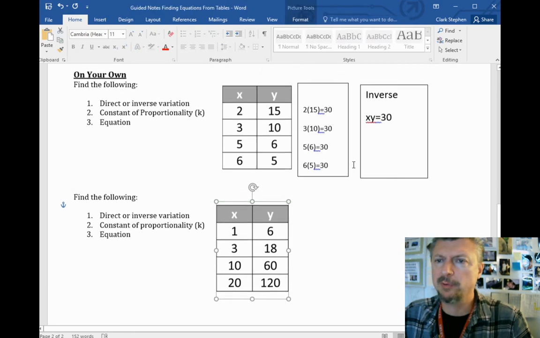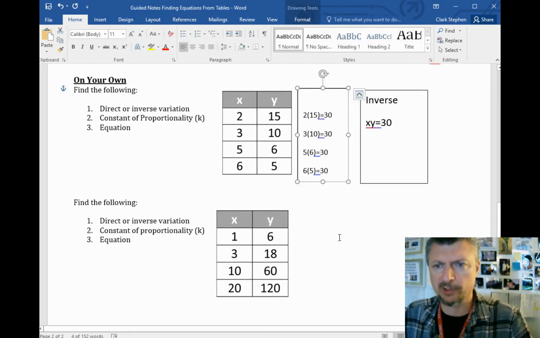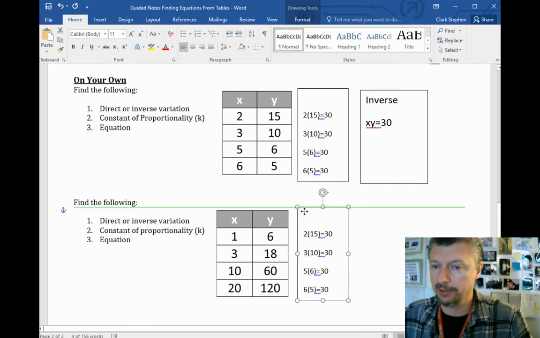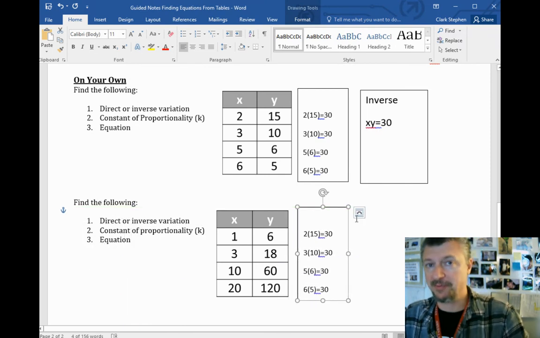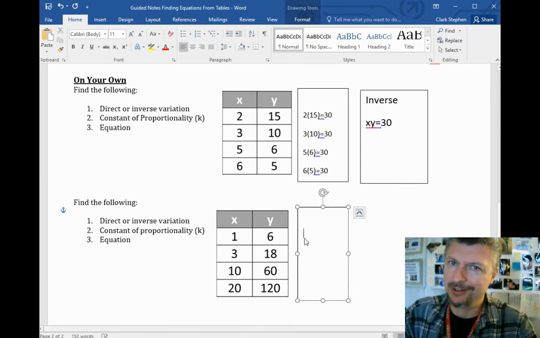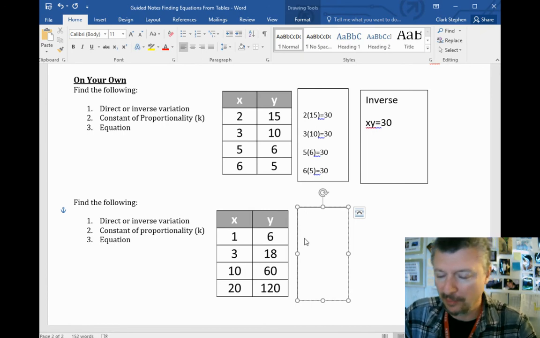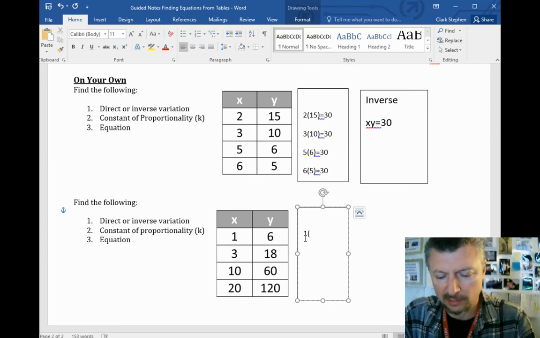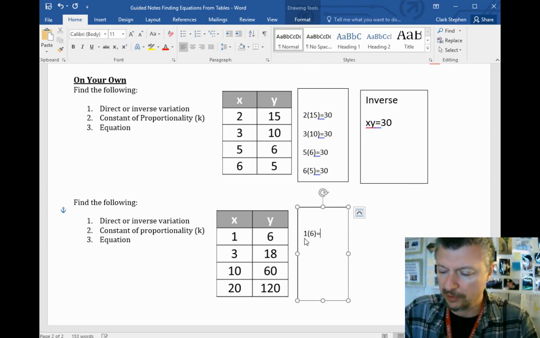Got one more example, and then I'm going to let you go to do some more examples for your work. Hopefully you're watching this before the Zoom session. So I'm going to check to see if this is inverse. I know it's direct because I know one of these is direct. But we'll find out first. Is it inverse? Let's see. 1 times 6 equals 6.